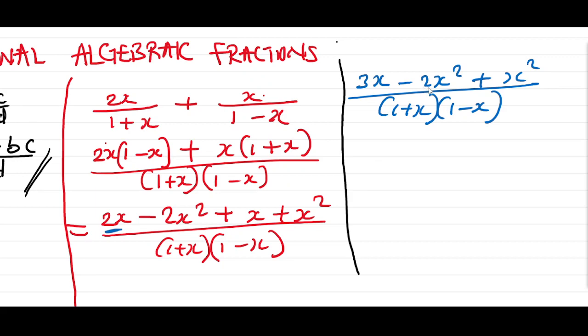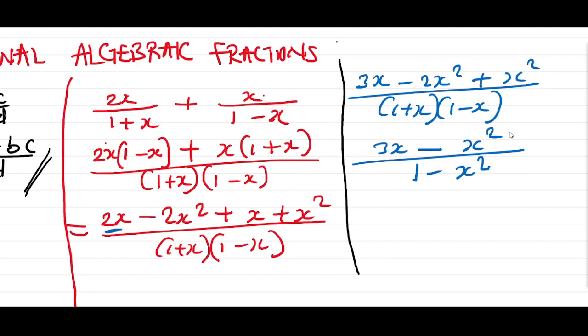Now this is negative 2, this is positive 1. The coefficients will give us negative x squared. So this is 3x minus x squared all over the denominator.